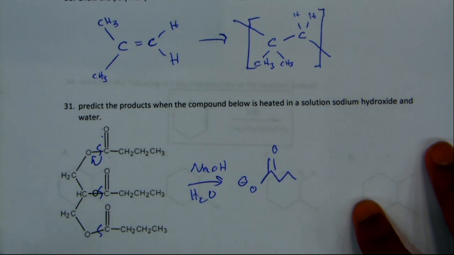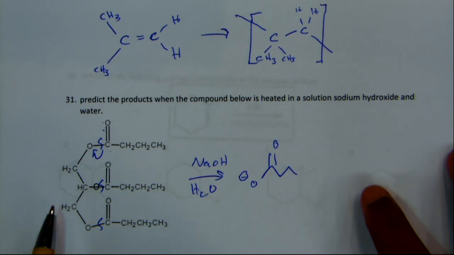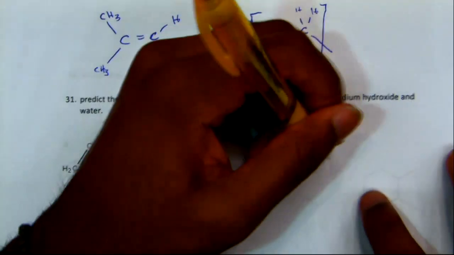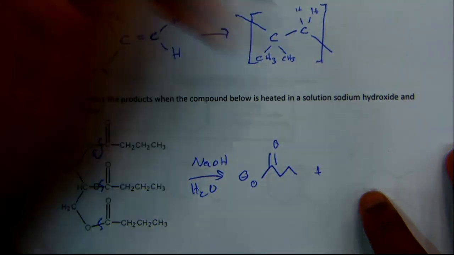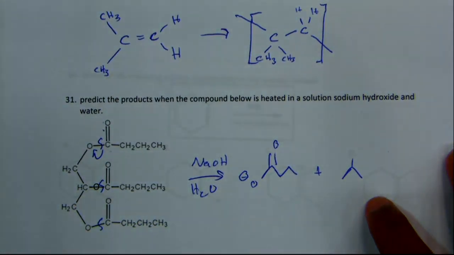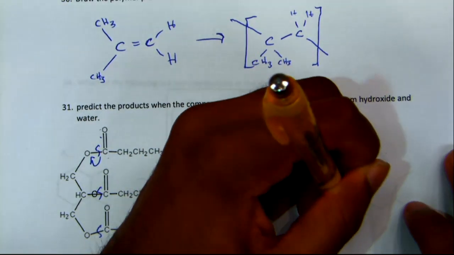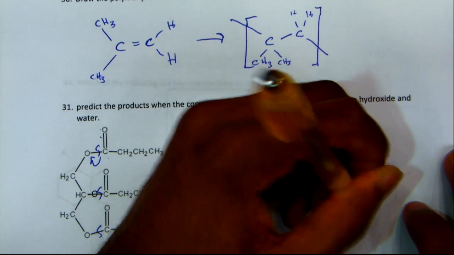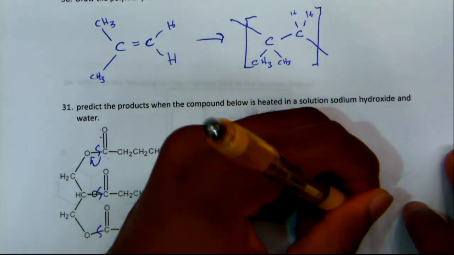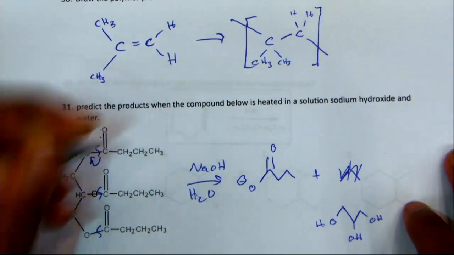This is actually how you make soap. This is saponification, fun fact. The other thing that forms is ethylene glycol. So that's the other thing that forms.